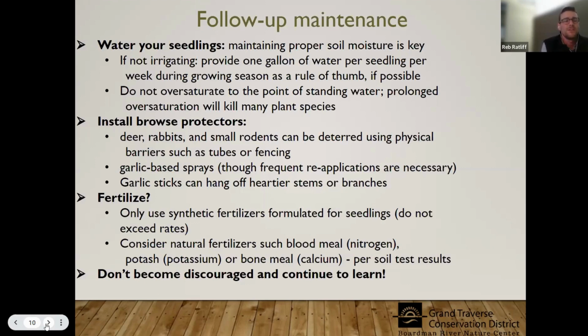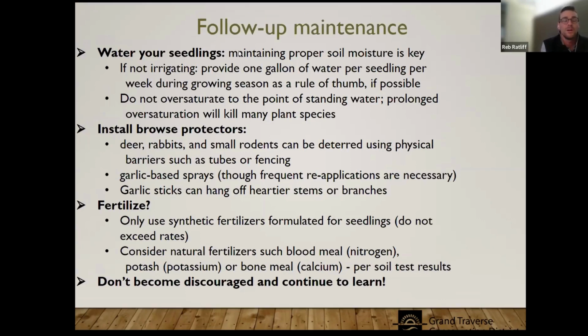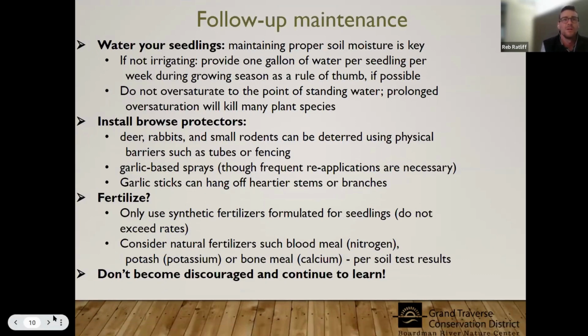Some natural fertilizer options are blood meal for nitrogen, potash for potassium, and bone meal for calcium. You can find these online, and in bulk if you do enough online shopping around. I'm happy to help you source some of that if you're looking for larger amounts. I've sourced upwards of 1,000 pounds at a time, so there are some more affordable options out there.